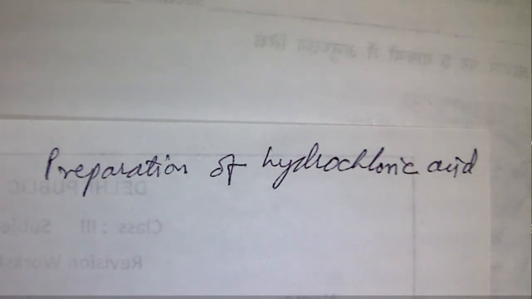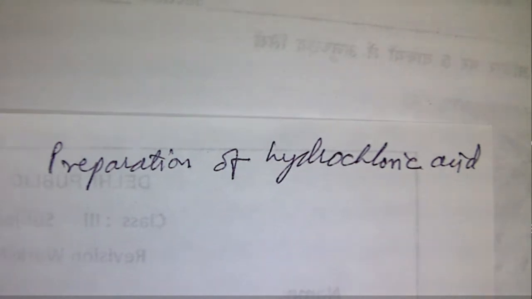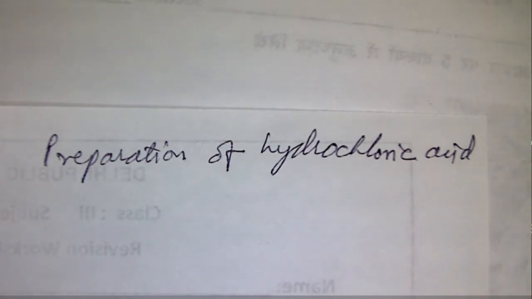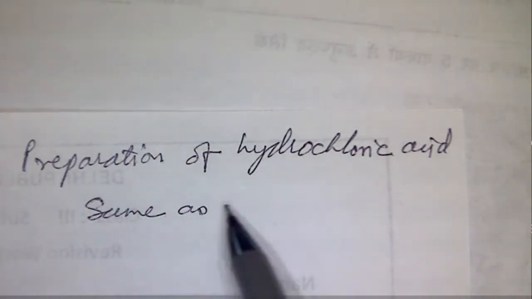How will this be prepared? Now, when I take this, what will happen? We are just taking the same process, whatever we did in case of hydrogen chloride. We'll use the same thing, everything same. Clear?